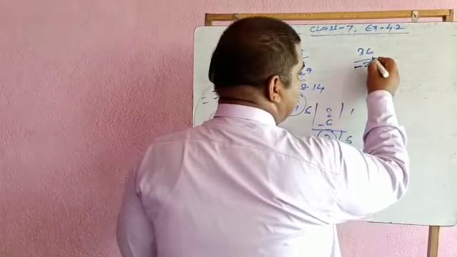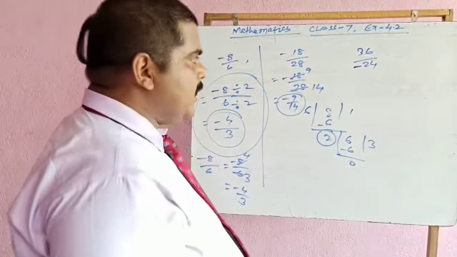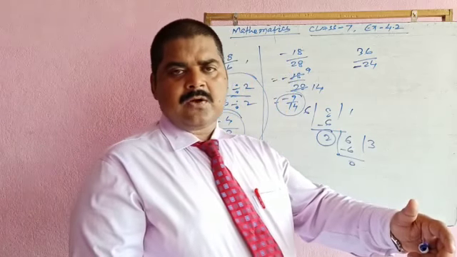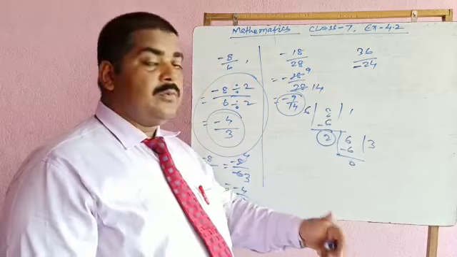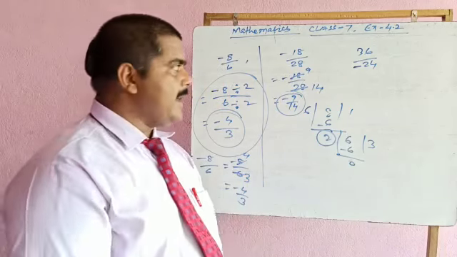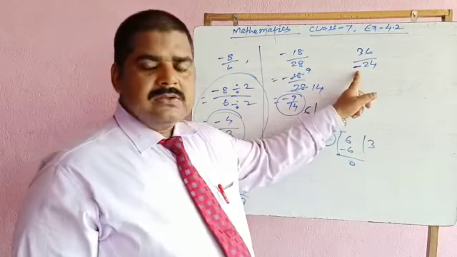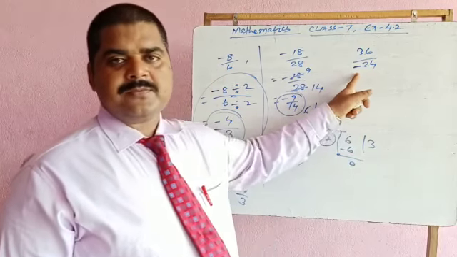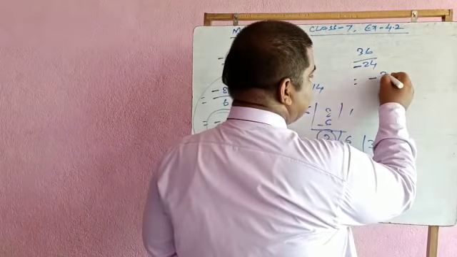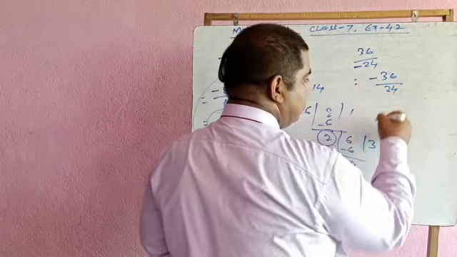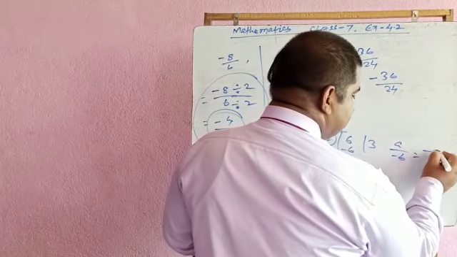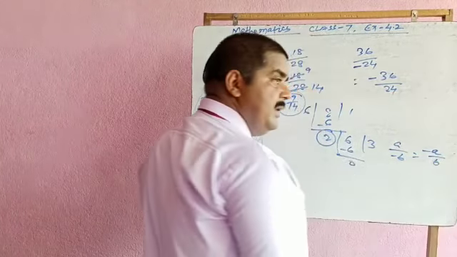In this question, not only do you have to divide, because 36 and 24 have not only the common factor 1 but also other common factors. So you have to divide by the HCF. And second, the negative sign is with the denominator, so you have to rearrange it. At first write minus 36 upon 24, because by the rule a upon minus b can be written as minus a upon b.